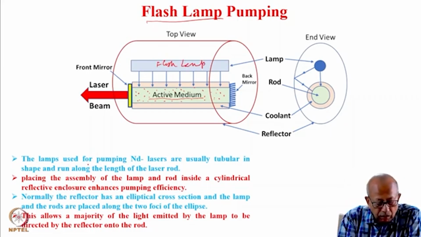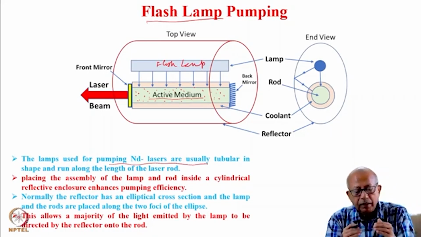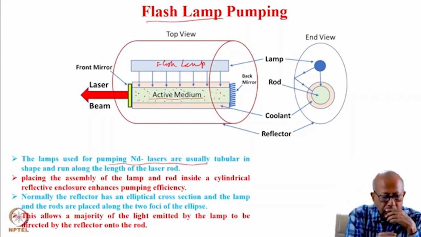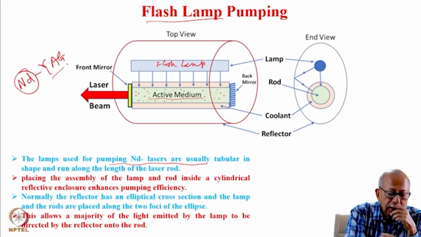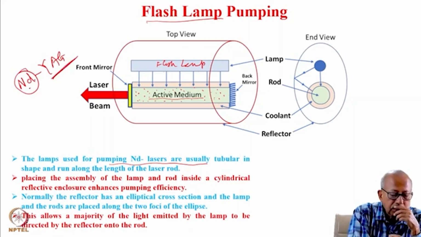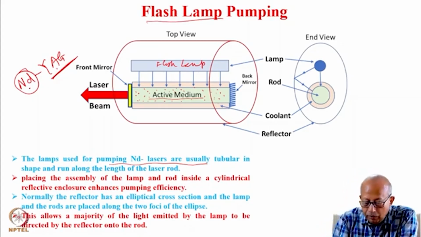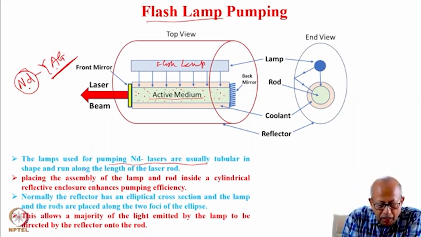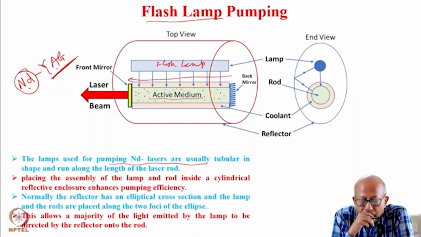The lamps used for pumping the Nd-YAG laser, so we are considering the case of the neodymium-YAG laser. Neodymium is the light-emitting atom, YAG is the host crystal into which neodymium is embedded. The lamp is usually tubular in shape, and runs along the entire length of the active medium, to increase the efficiency of pumping.